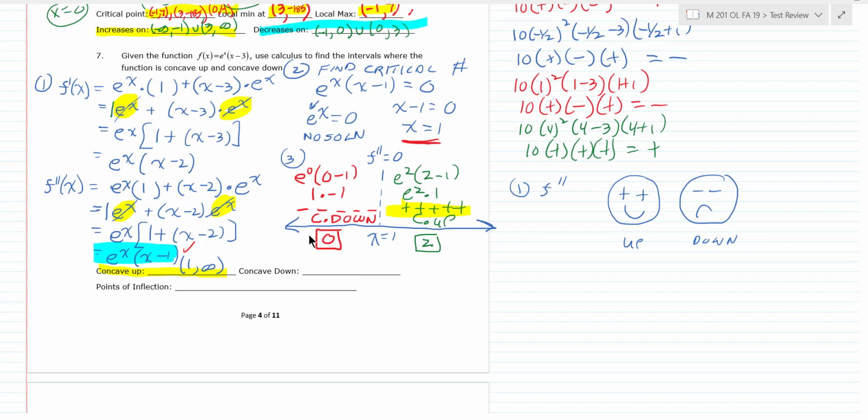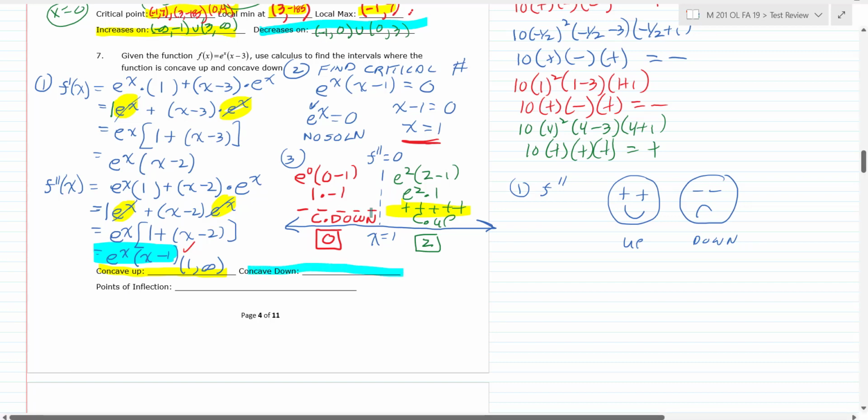We will be concave down where we're negative. Okay, so that is going to be from negative infinity to 1, like that. Okay, now this is a point of inflection, because the concavity did change, and this is a point on the graph, so we really just need to find what f of 1 is.